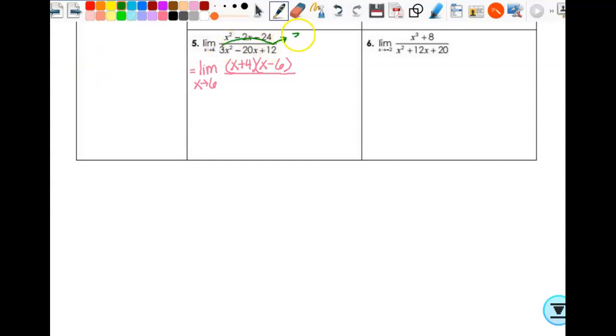So 3 times 12 is 36. So I'll have 3x squared. Two numbers that multiply to give me 36 and combine to give me a negative 20: negative 18 and negative 2. So negative 18x minus 2x plus 12. Factor out the 3x, leaves me with x minus 6. Factor out a negative 2, leaves me with x minus 6. So this gives me 3x minus 2 times x minus 6.